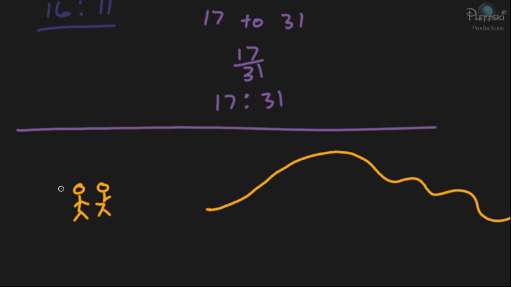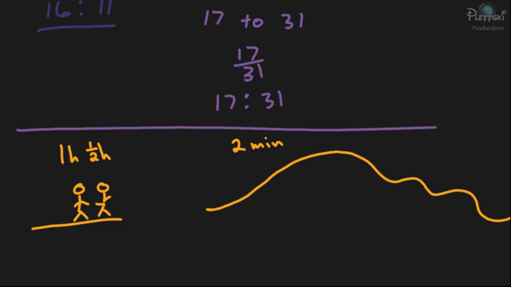Let's say you wait in line for 1.5 hours, so 1 hour and a half hour. And the ride lasts 2 minutes. So you wait in line for 1.5 hours, and you get on the ride.